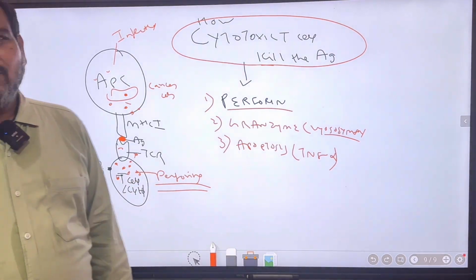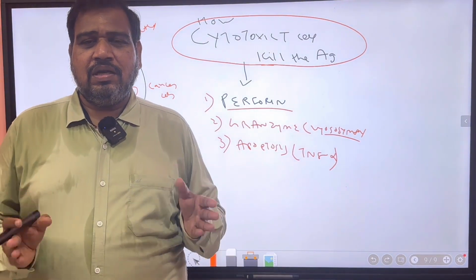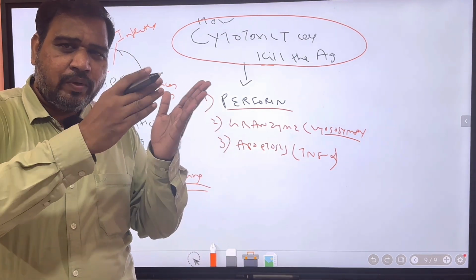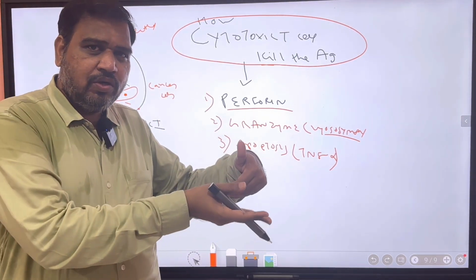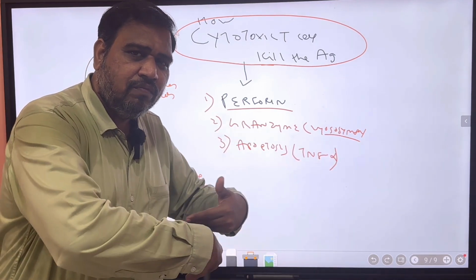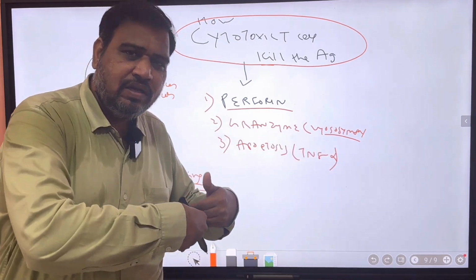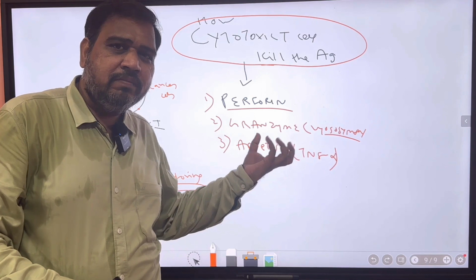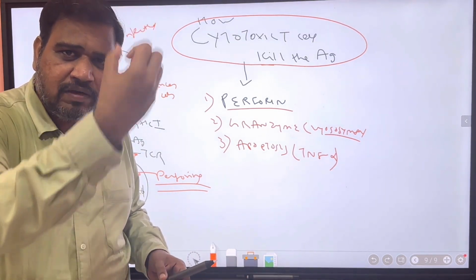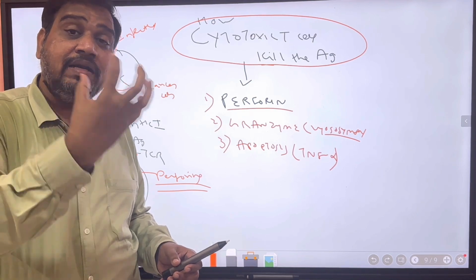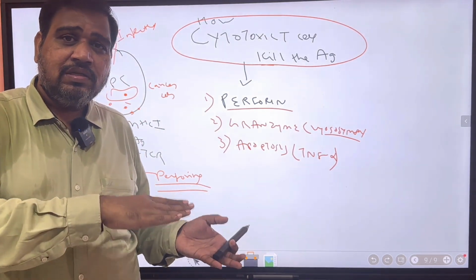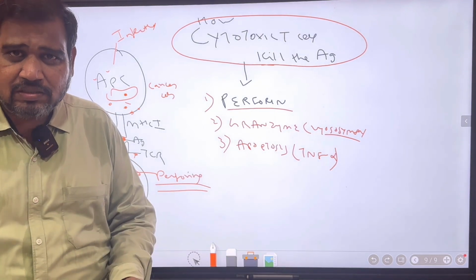And with this we will complete today's video on cell mediated immunity. I started with types of immunity, then I told why it is cell mediated and why it is humoral. Free antigens can flow freely in the blood or any fluid, and will be taken by B cells. T cells take only processed antigen coming from MHC or from the antigen presenting cell. I told the difference between helper T cells and cytotoxic T cells.